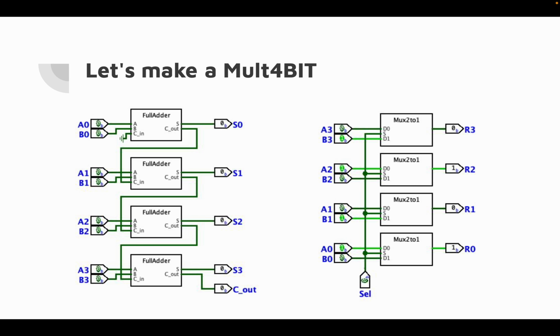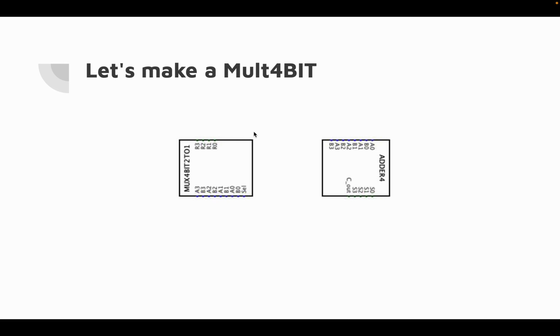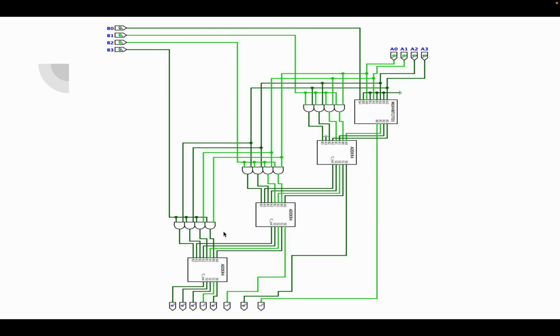With all of this, we convert it into the Holy Logisim appearance again, just to make it simpler to implement into our 4-bit multiplication. What our 4-bit multiplication now looks like, with our inputs being A and B, is like this.